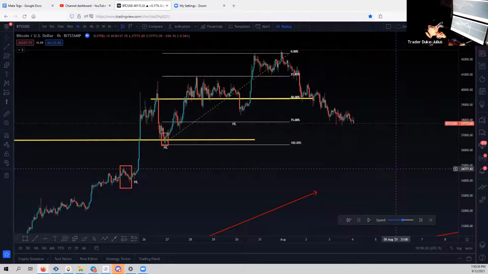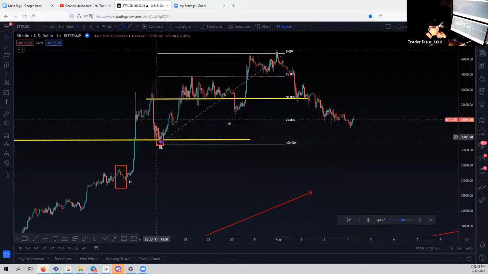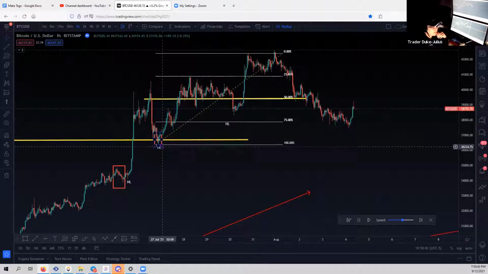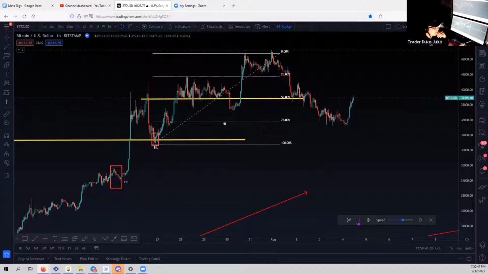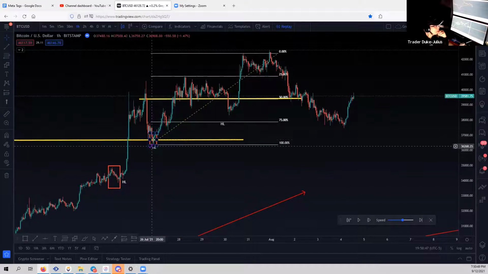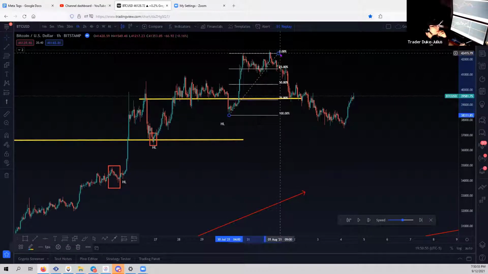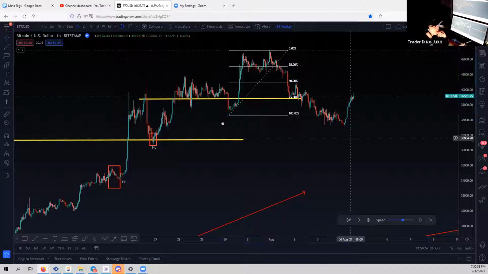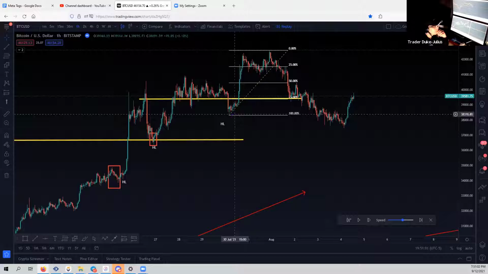All right. So I believe we're coming up to where we ended up breaking the structure here, and then I had to find the fib placement. See this, how price broke this right here?